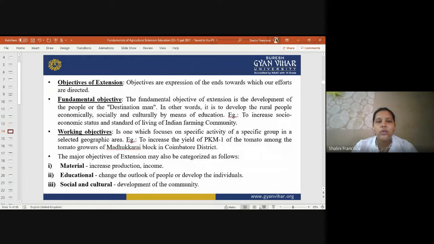Now we move on to what is the overall objective of extension. So objectives are expressions of the end towards which our efforts are directed. Objectives don't mean that we just impose anything, and it shouldn't be misused.